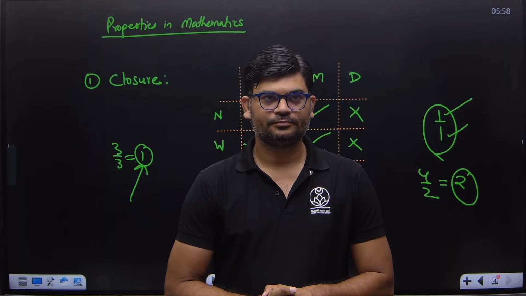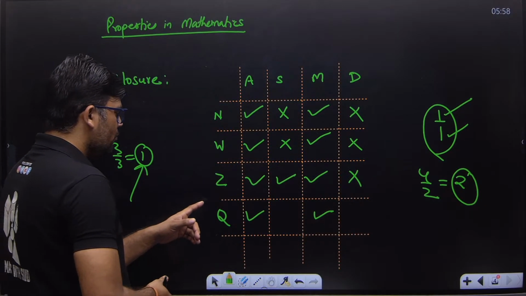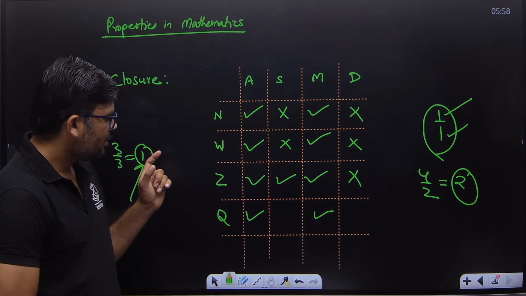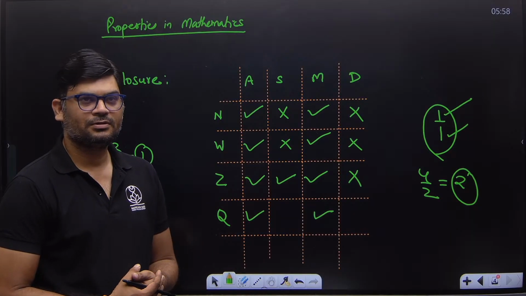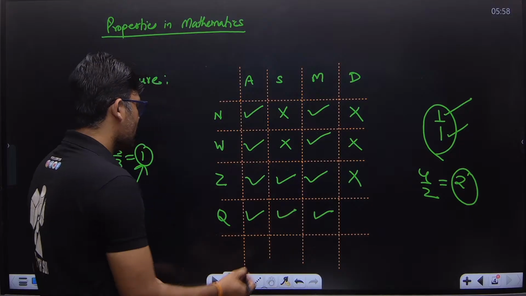Alright? Okay. So I'm asking you, if you subtract a rational number from another rational number, will you always get a rational number? Yes. What about division?